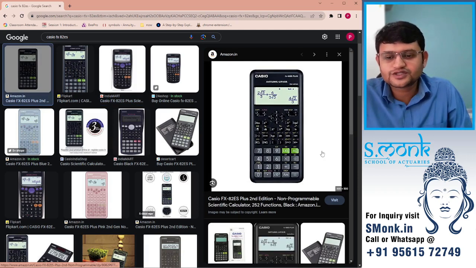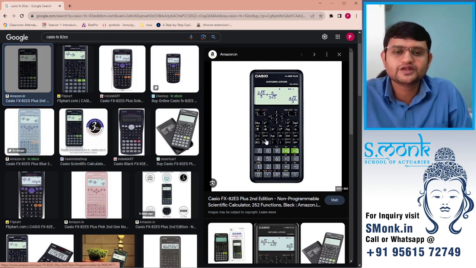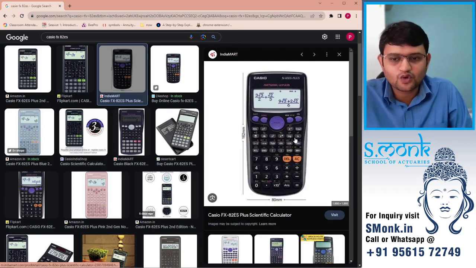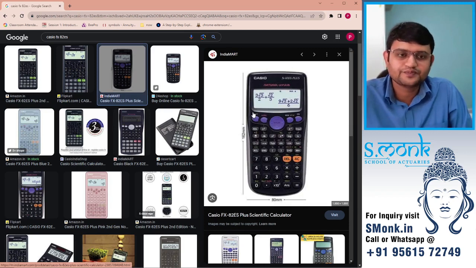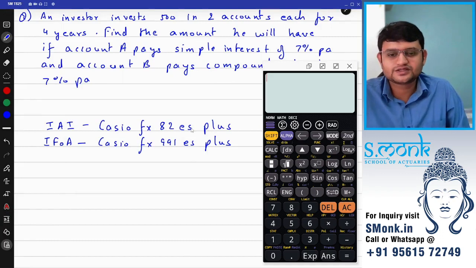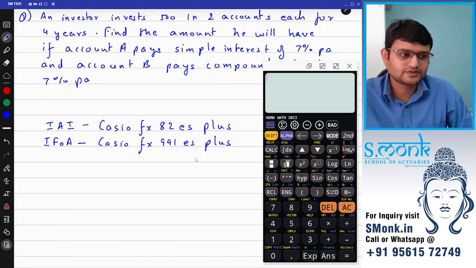And this is the new version. They call it the second edition. Again, not a big difference in any functions, only the look has been changed. So even if you are buying the second edition, it's fine. If you have the old one, that is also fine, no problem. But make sure that you are buying the ES, not the MS version.